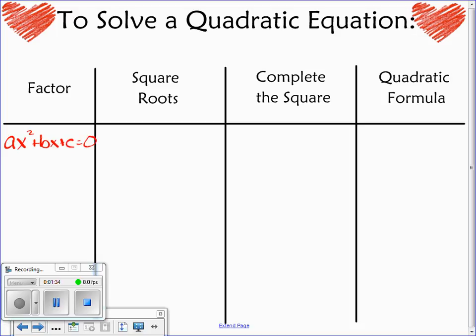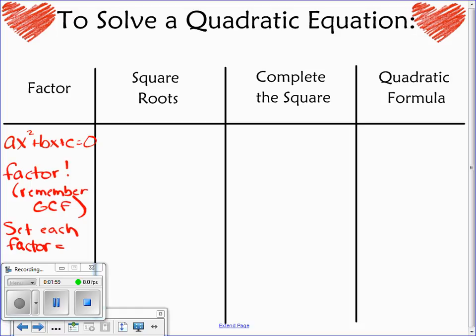That was the first thing you had to do. You had to put it in standard form, set it equal to 0. So after you set it equal to 0, then you factored. Remember GCFs, right? A lot of you guys don't like those things. And then you set each factor equal to 0, and solve.